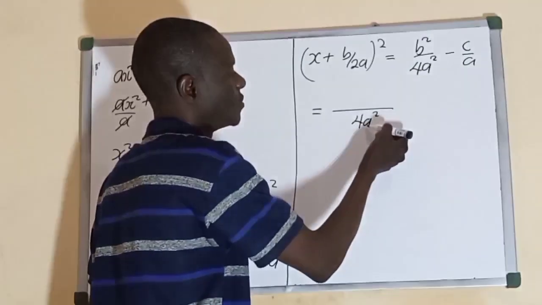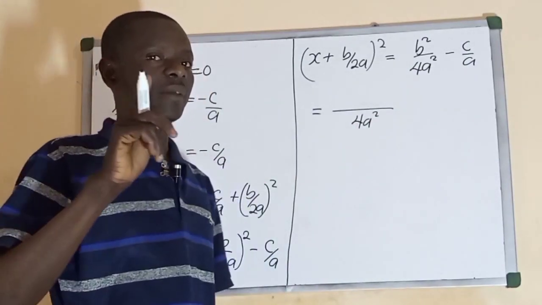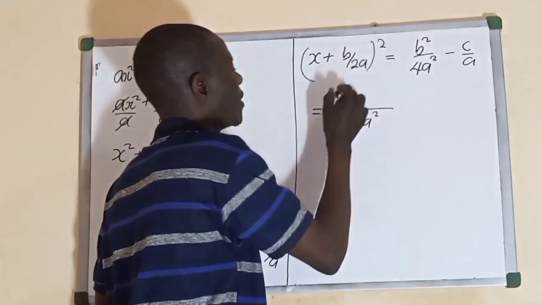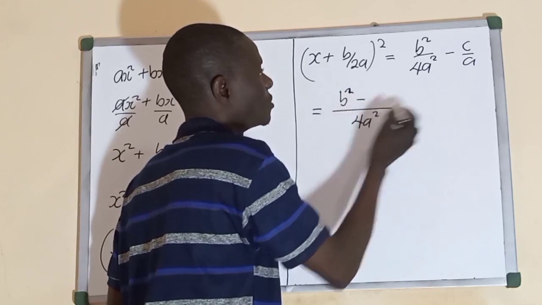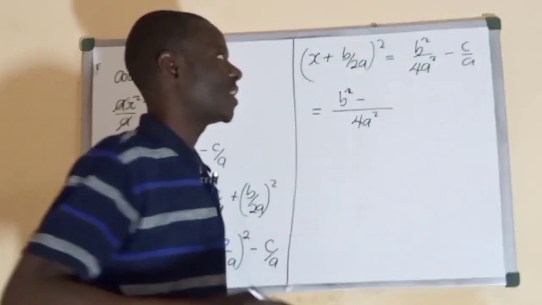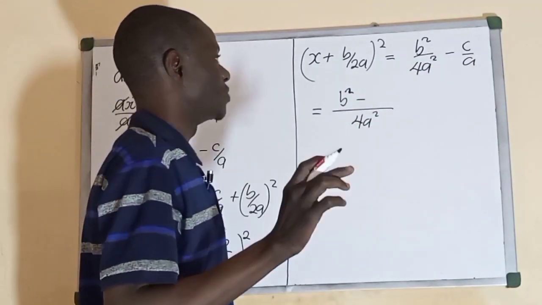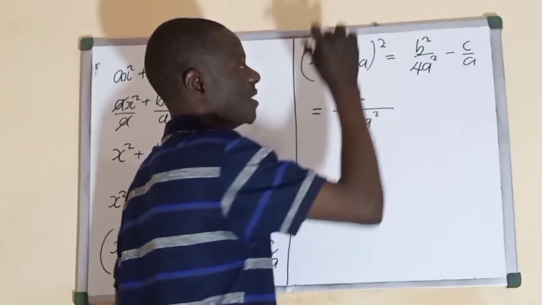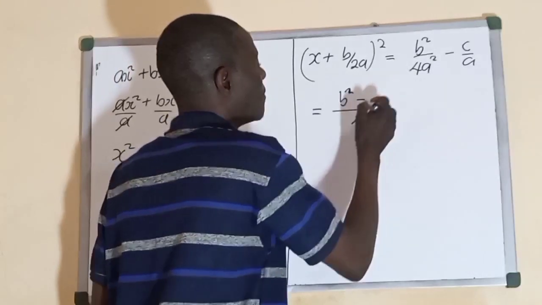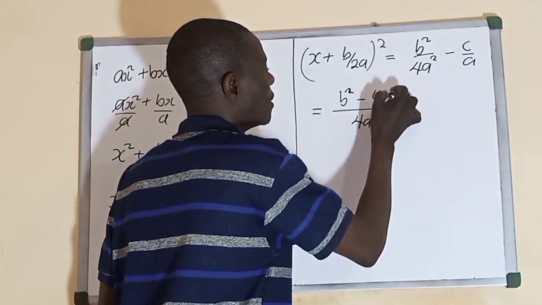Now 4a squared into 4a squared goes one time. So 1 times b squared, we have b squared. Minus this a into 4a squared, it goes one time and left with 4a. This 4a we multiply by this c. We have minus 4ac.